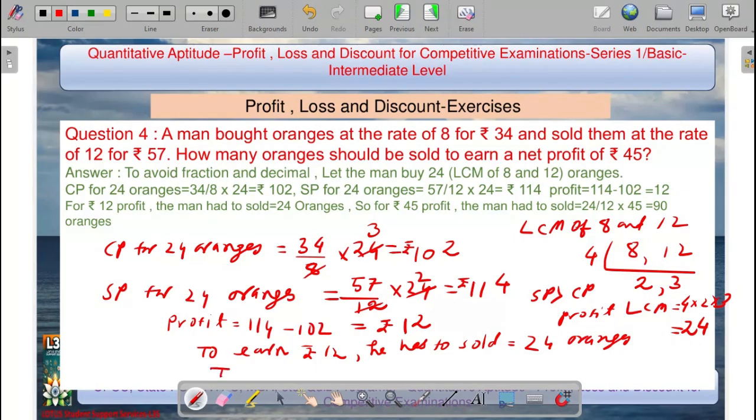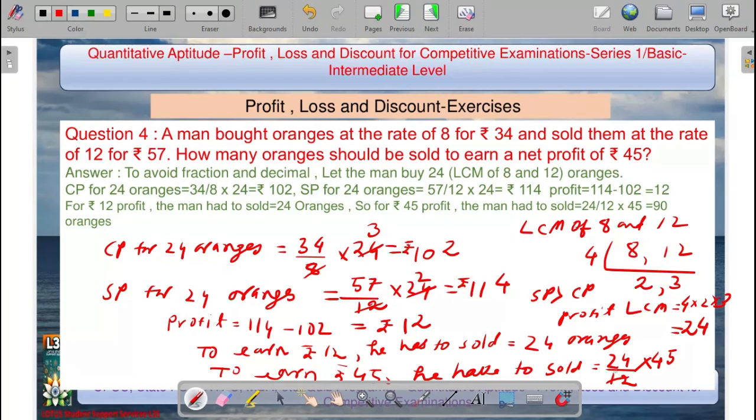Now to earn rupees 45, he has to sell 24 by 12 into 45.